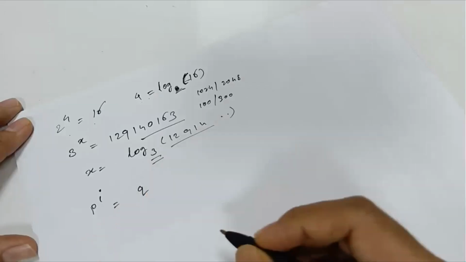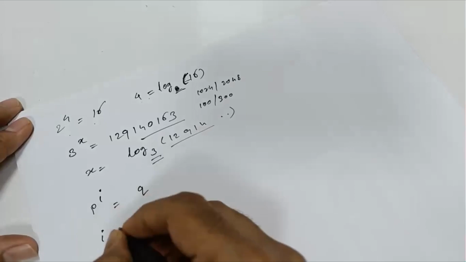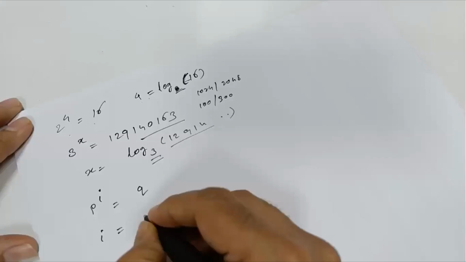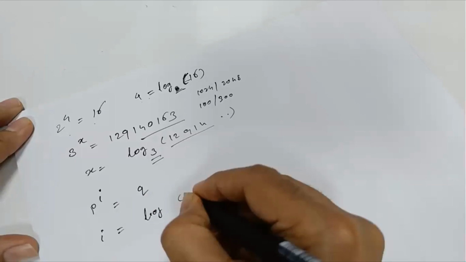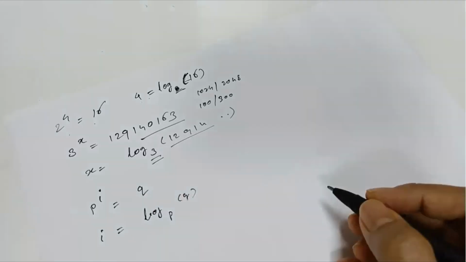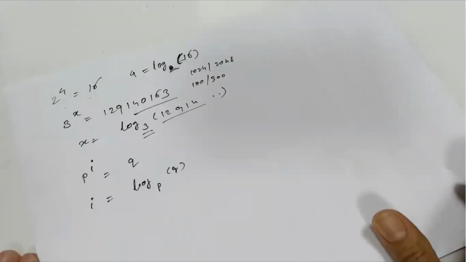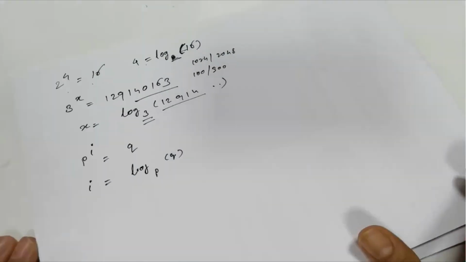If you have this equation, then you can write it as i equal to log of q to the base p. So you must understand how to represent any term in a log format.